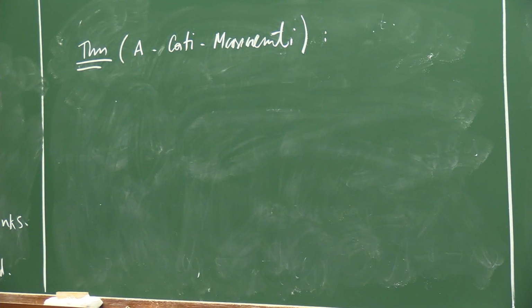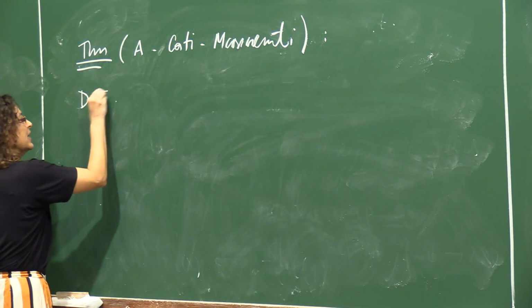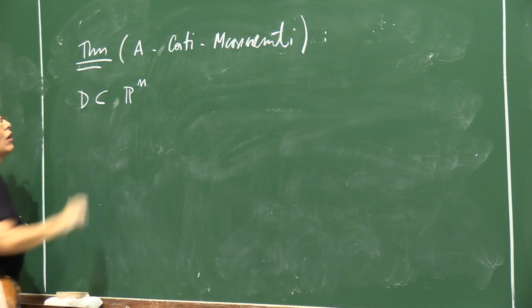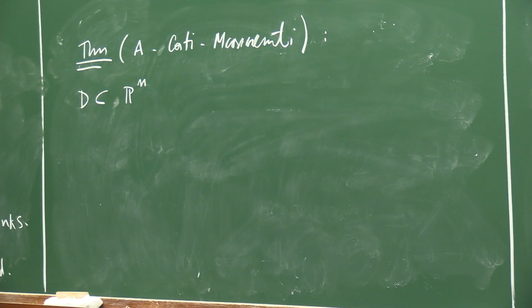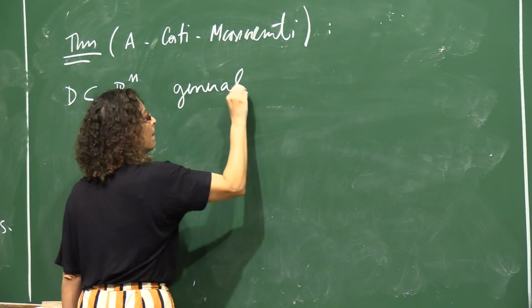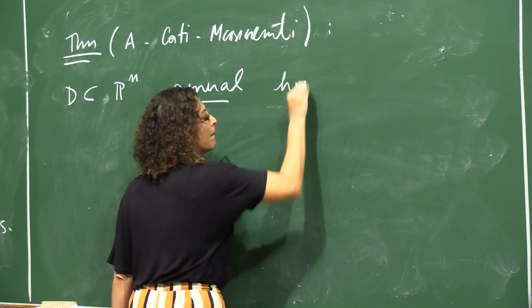We consider the following situation. Let's take a hypersurface in projective space of degree n+1, so that this is a Calabi-Yau pair. And let's take this hypersurface to be a general hypersurface.